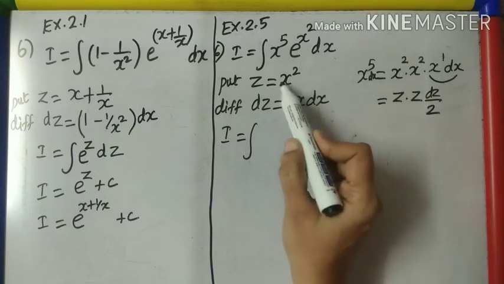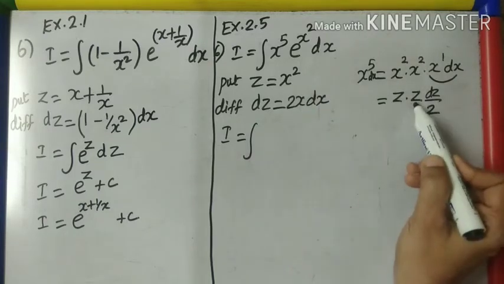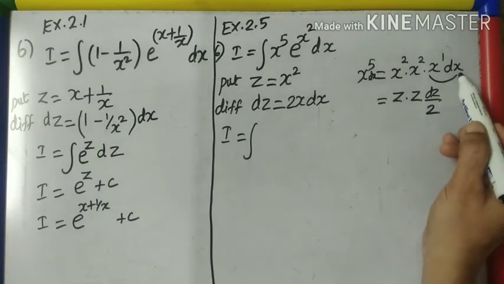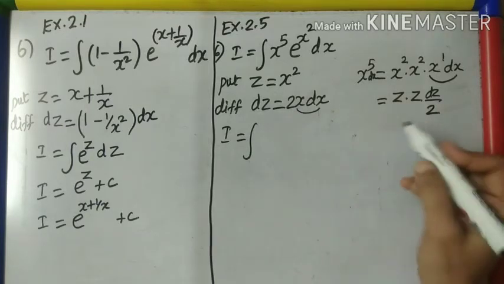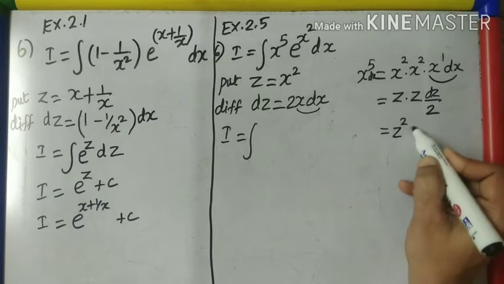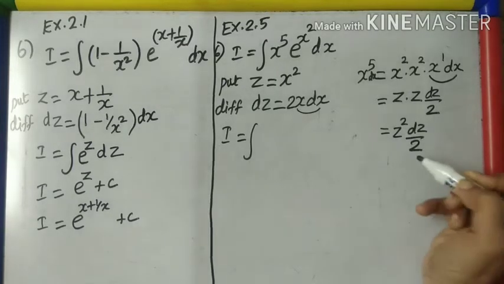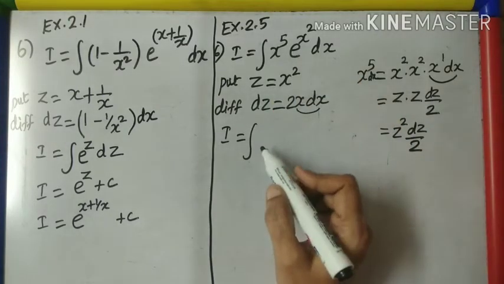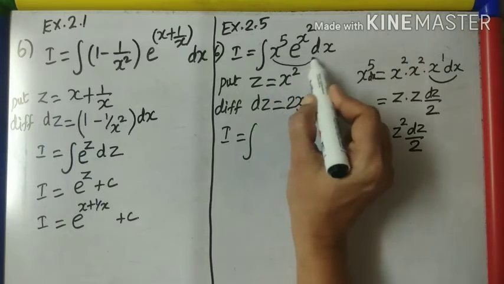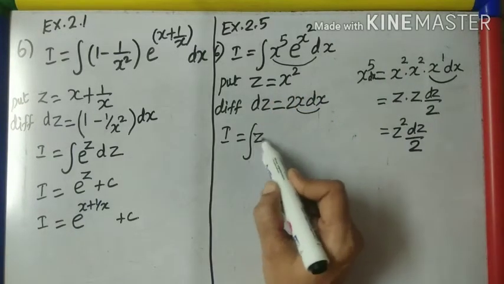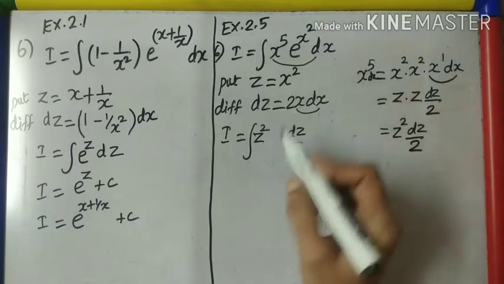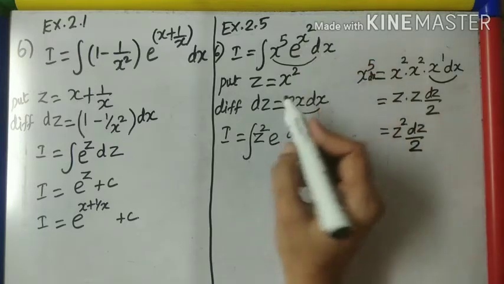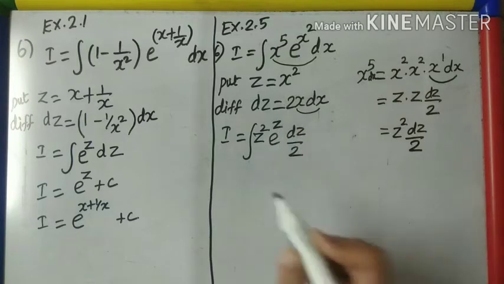X square I put z, another x square z, and x dx is nothing but dz by 2. So this becomes z square dz by 2. Putting it back in the problem, this x power 5 dx, I can write z square dz by 2. E power x square we have written as z.